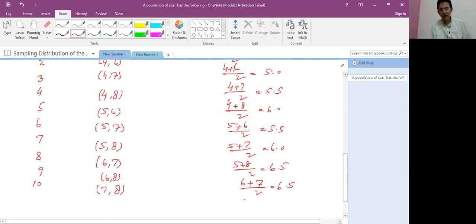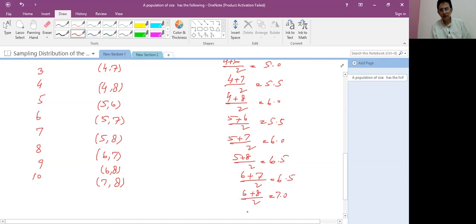Now 6 plus 8 is 14 divided by 2, it is 7. And the last one, 7 plus 8 divided by 2, is 7.5. So these are the sample means.